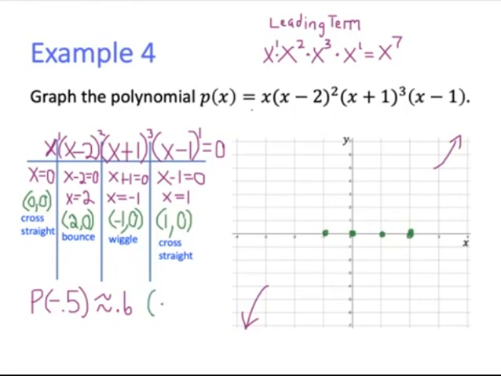So on our graph, we have the point -0.5, 0.6. And we can go ahead and plot that. -0.5, 0.6. That's about right here.